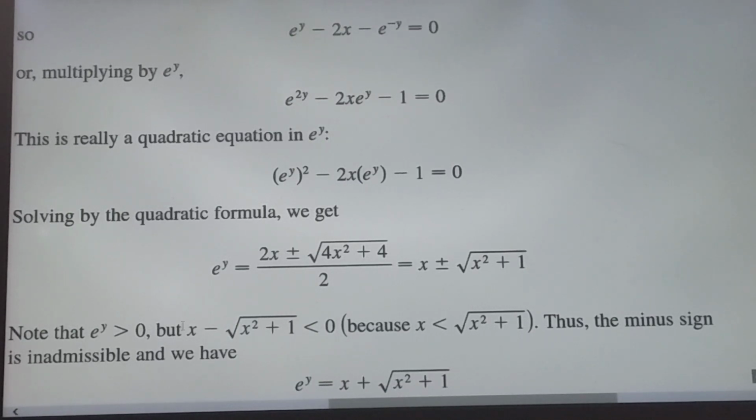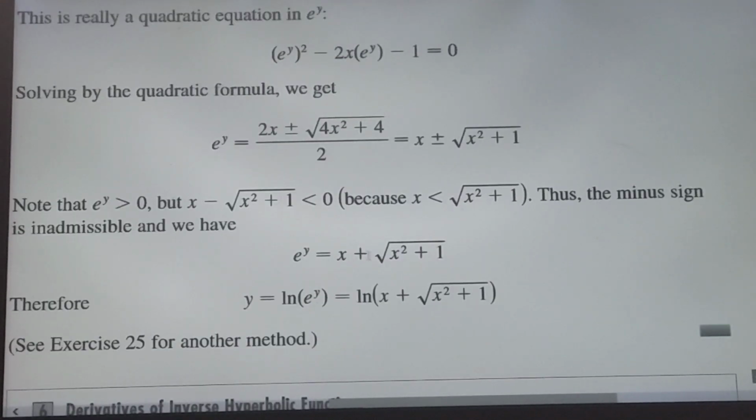But x minus square root of x squared plus 1 should be less than 0, because x is less than that square root, so the minus sign is inadmissible, and we have e to the power y is equal to x plus square root of x squared plus 1.